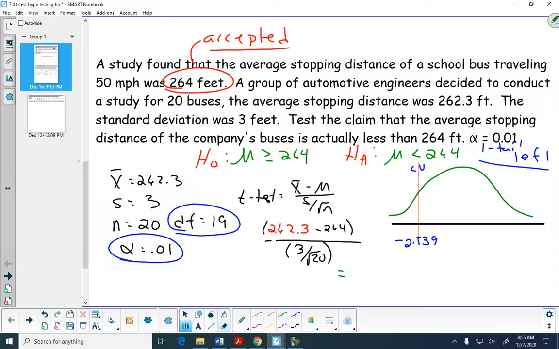Mitchell, what do you get for a test value? Negative 2.53. Negative 2.534.